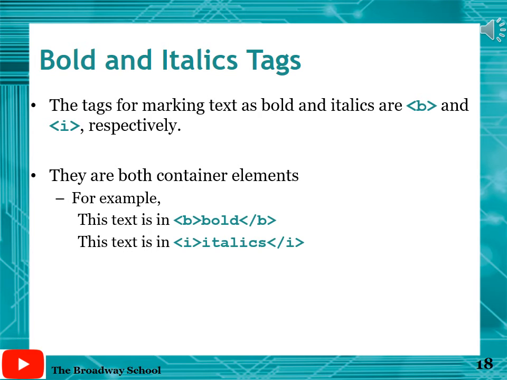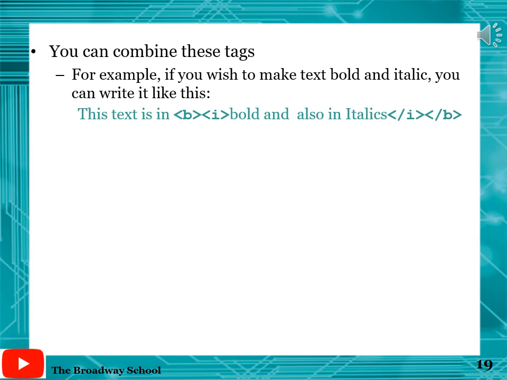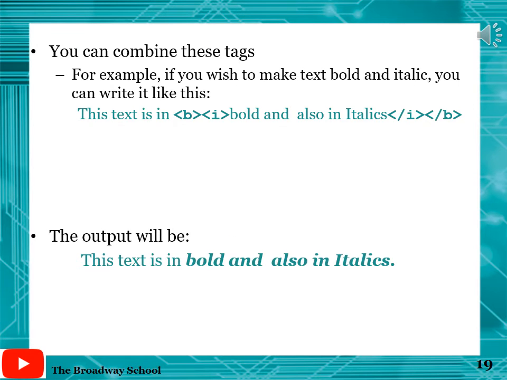Bold and italic tag. The tags for making text bold and italic are B tag and I tag respectively. For example, this text is in bold and this text is in italic. They both are container elements. We can combine these tags.